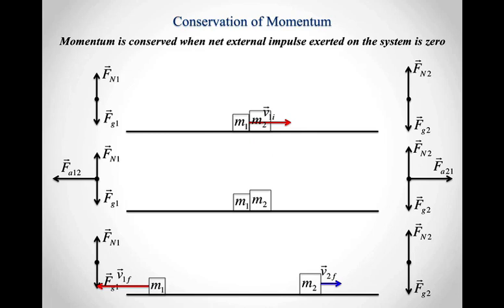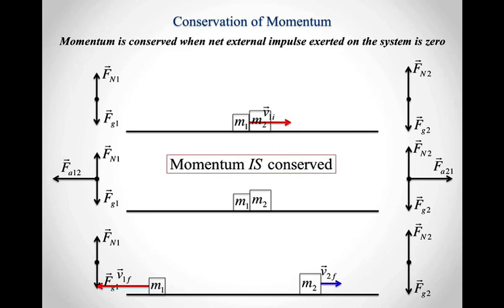The only other forces acting on my system are these internal forces where the 2 blocks push on each other in the instant that they're colliding, and because those are internal forces, they cancel out. So here's a situation where the net external force acting on my system is 0. Because that's true, momentum is conserved in this situation.